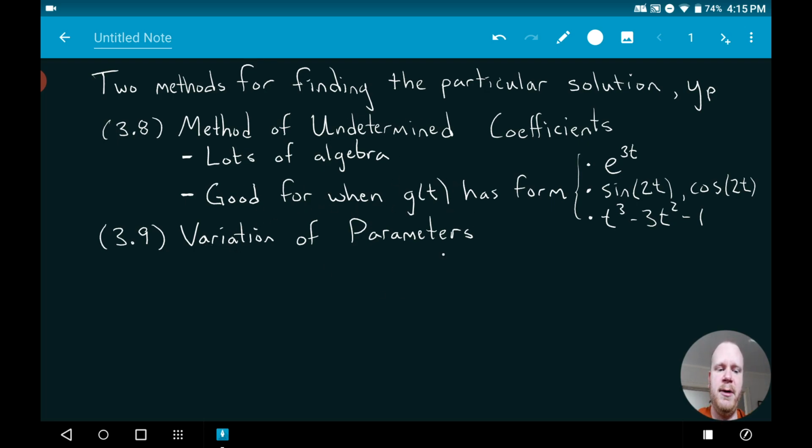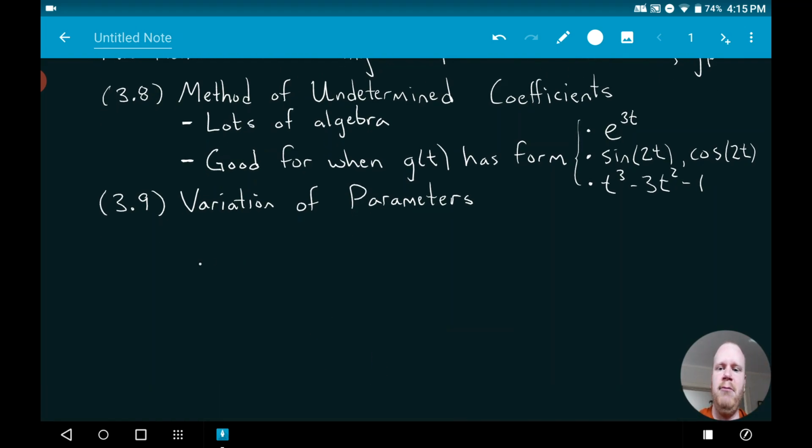For variation of parameters, I'm just going to go ahead and spoil what this is right now, and then I'll talk about what the different parts mean. With variation of parameters, we end up with just one big formula that we can use to find the particular solution. So y of p is going to be equal to negative y1 of t multiplied by the integral of y2, and I'm going to put some z's in here instead of t's.